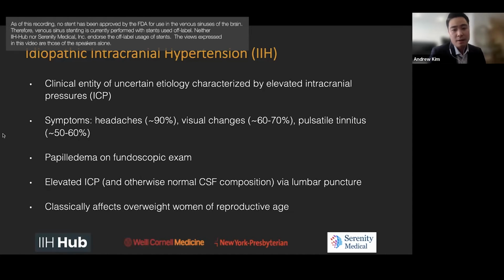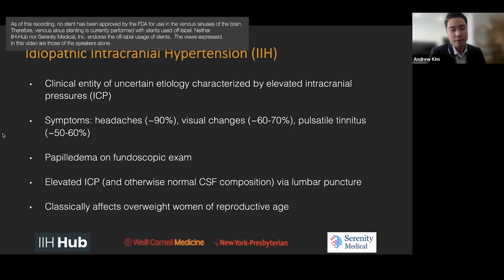It is a clinical entity of uncertain etiology, hence the idiopathic part of the name, characterized by elevated intracranial pressures, which can be proven via lumbar puncture. The lumbar puncture usually also confirms an otherwise normal CSF composition.